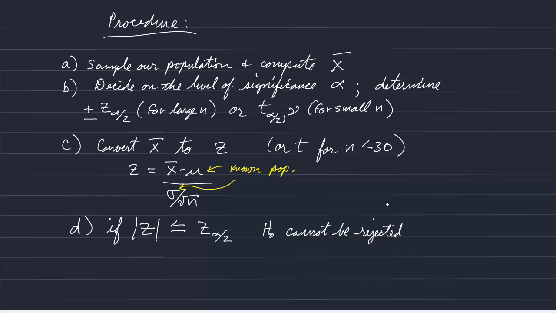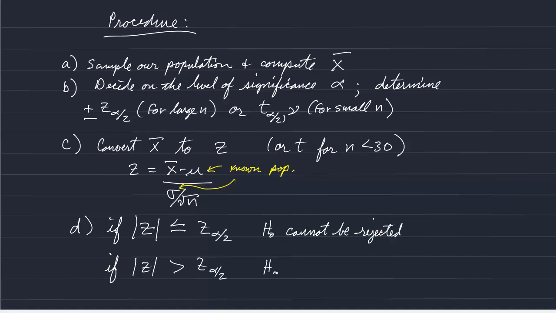Our sample does not lie out at an unlikely value of z. Alternatively, if the absolute value of z is greater than our critical value, then H0 can be rejected.